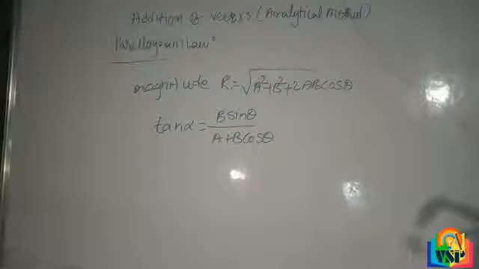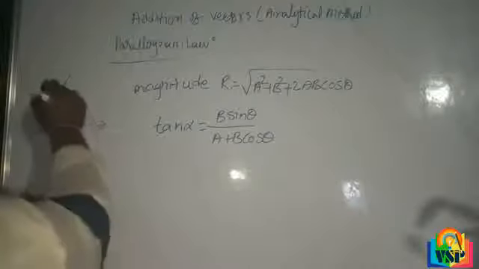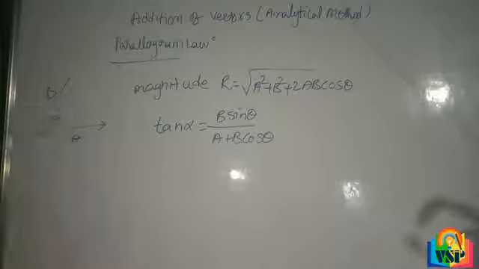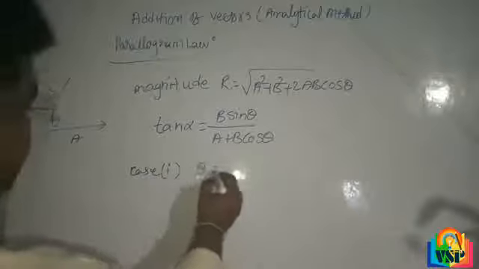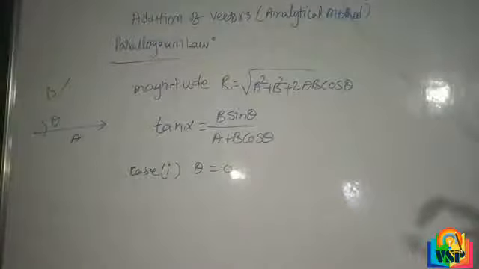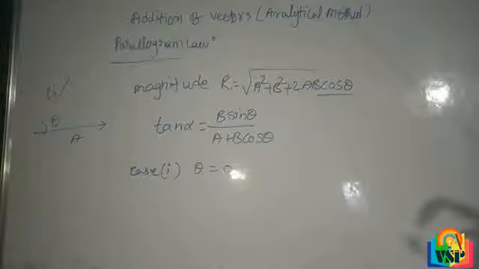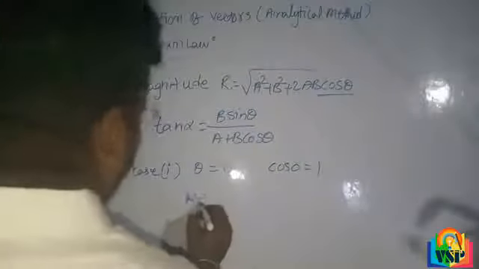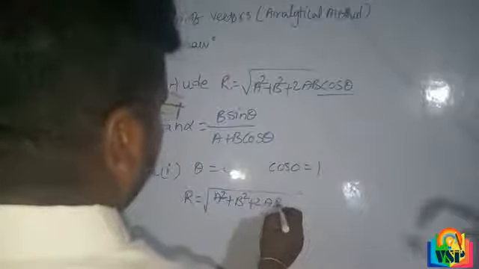If the angle between A and B is theta, case 1: theta is equal to 0. Cos 0 is equal to 1. We get R is equal to root of a square plus b square plus 2ab into 1.